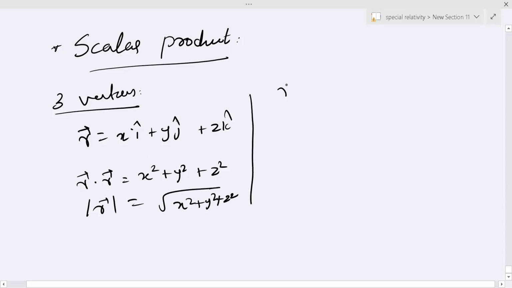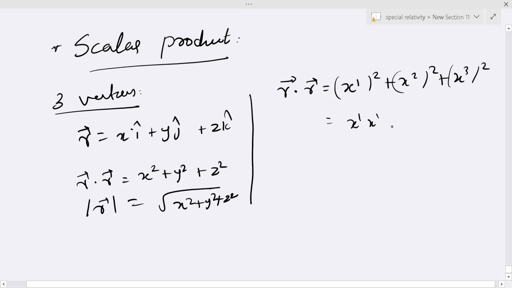In our notation, we can write r dot r is equal to x1 square plus x2 square plus x3 square. And for any 2 vectors, a dot b, you can write it as a1 b1 plus a2 b2 plus a3 b3.